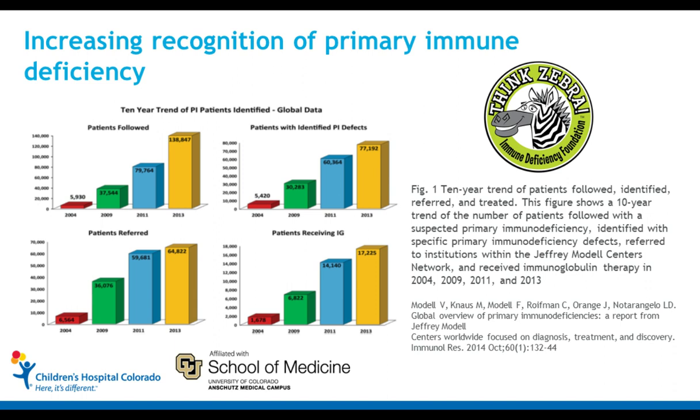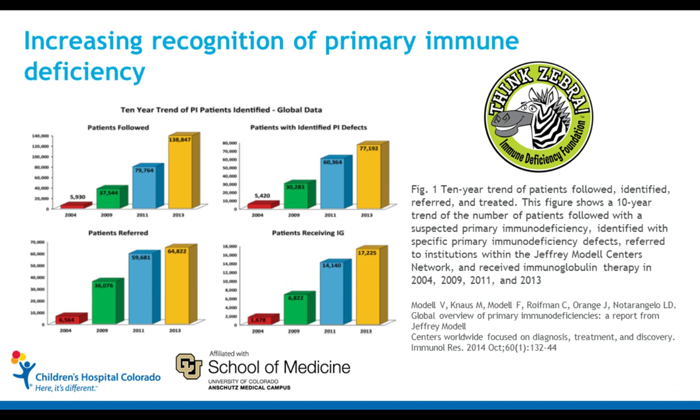Now, having said that primary immunodeficiency manifests in the pediatric age group, it's always been considered that these are fairly rare immune deficiencies. These are fairly rare clinical conditions. However, over the course of the years, we have found that primary immunodeficiency is probably more common than previously thought.